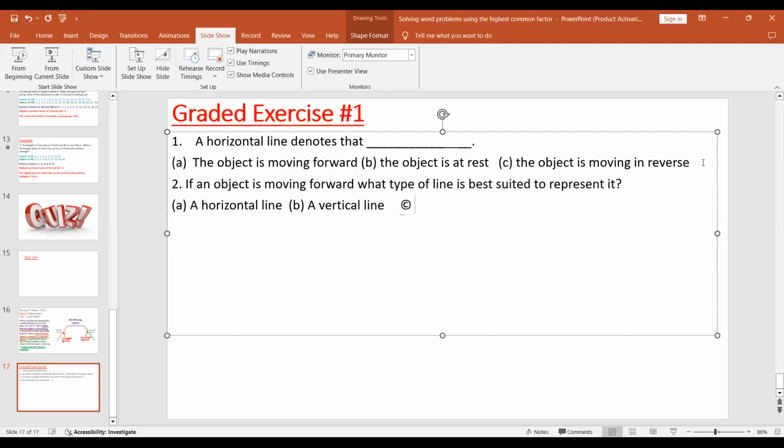Or C, a slanting line with a positive slope.